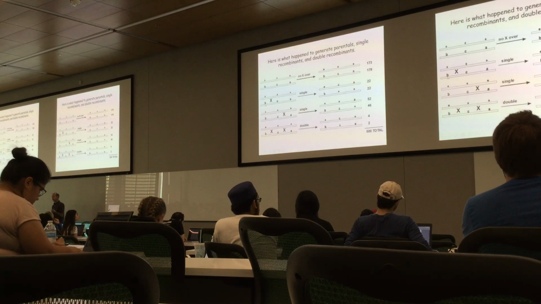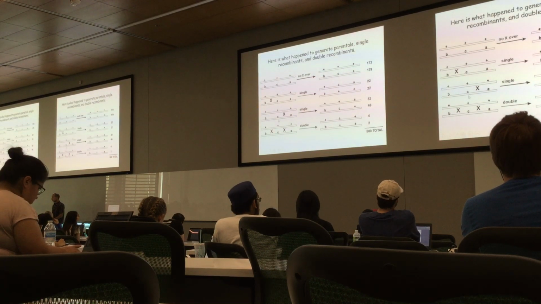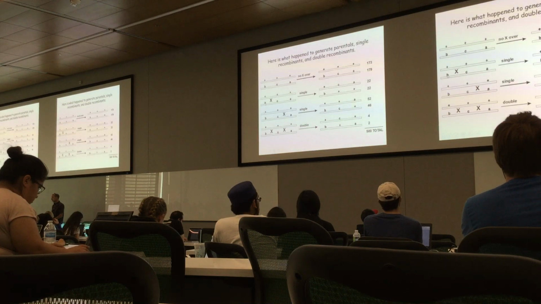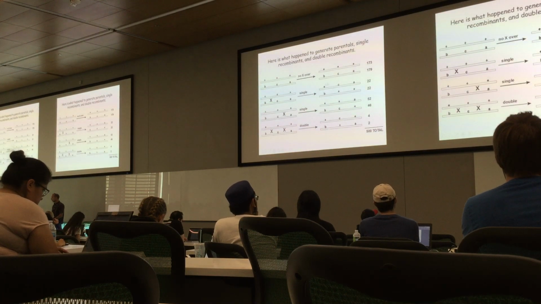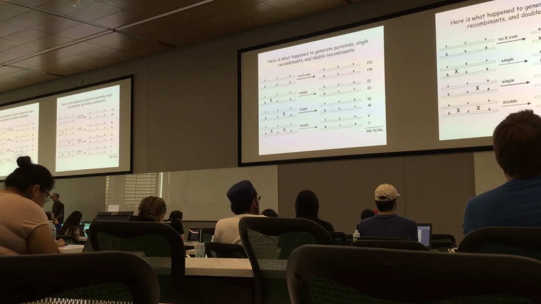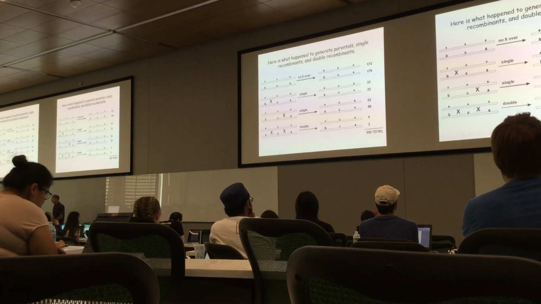And then we have two types of single recombinants. One is between the B and C genes, the other is between the C and A genes. If we have single recombination between B and C, we'll generate this category of recombinants. If we have a recombination event between C and A, we generate this class of recombinant progeny. And you notice the numbers are different.